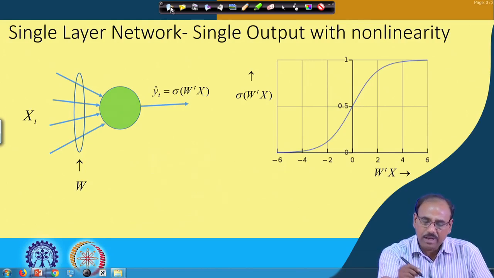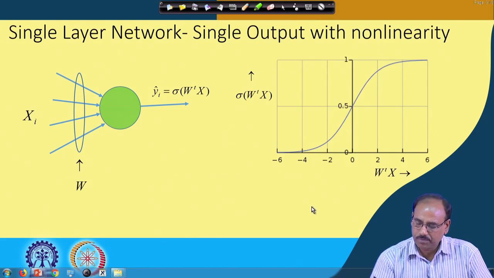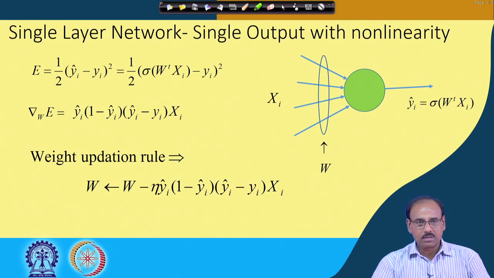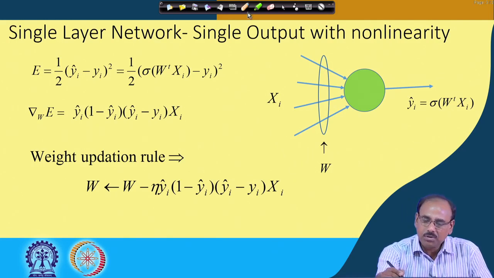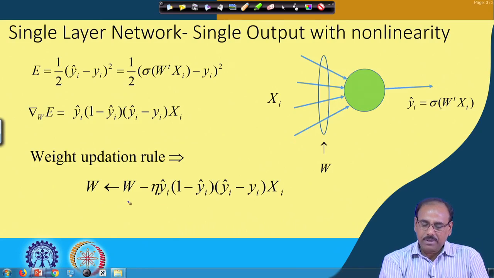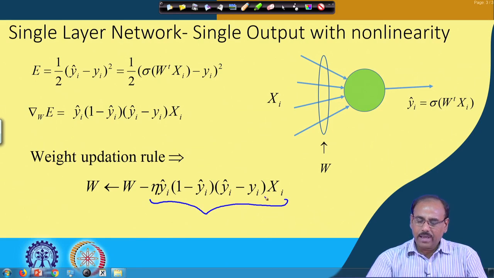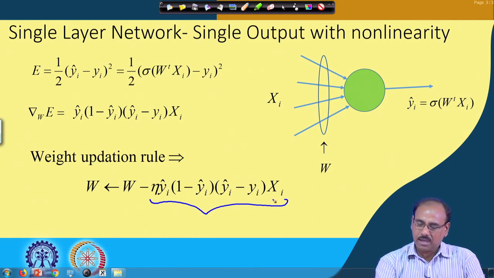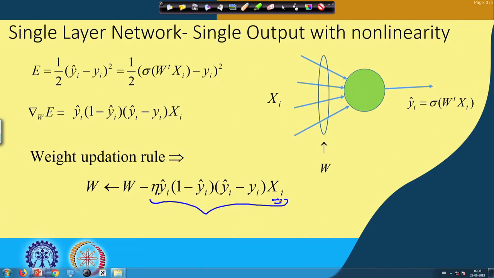Given this, we have seen that the weight updation algorithm was obtained as: w, the weight vector, is updated as w minus eta times y_i hat into (1 minus y_i hat) into (y_i hat minus y_i) times x_i, where x_i is the input vector, y_i hat is the computed output and y_i is the desired output.